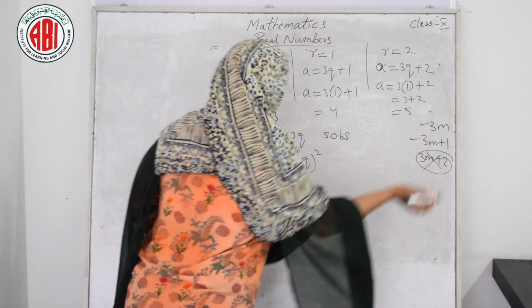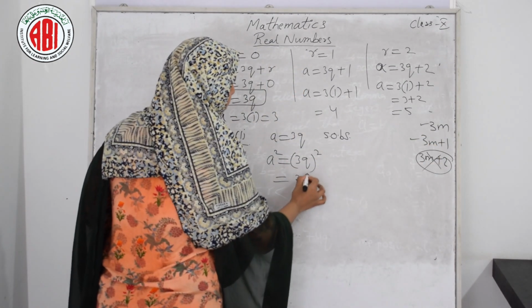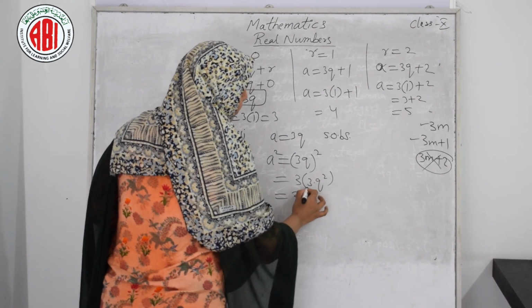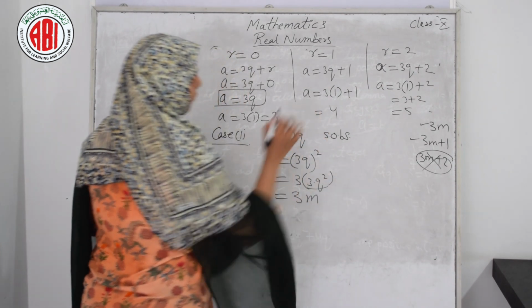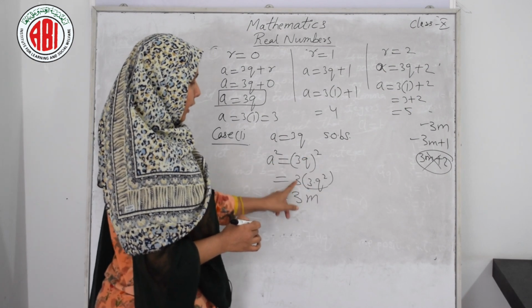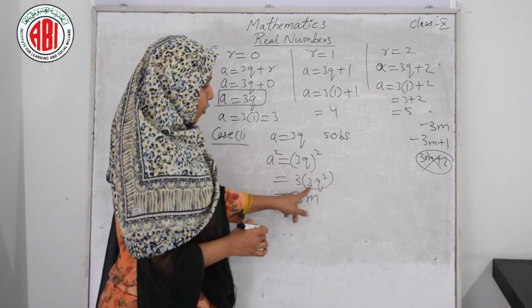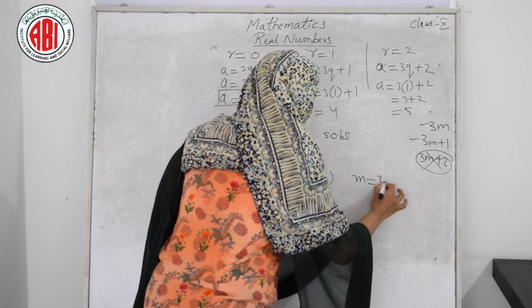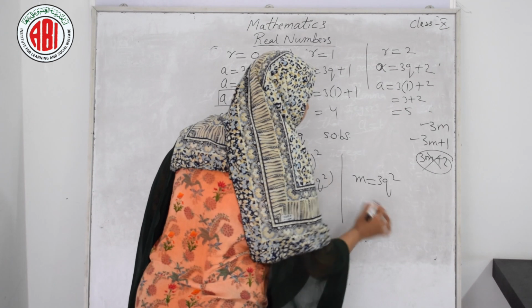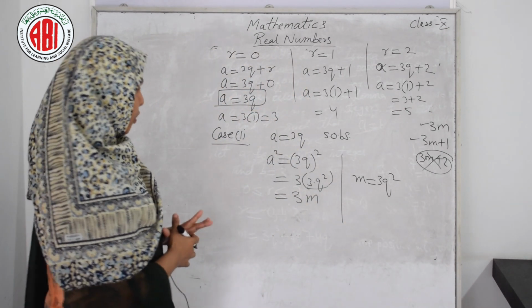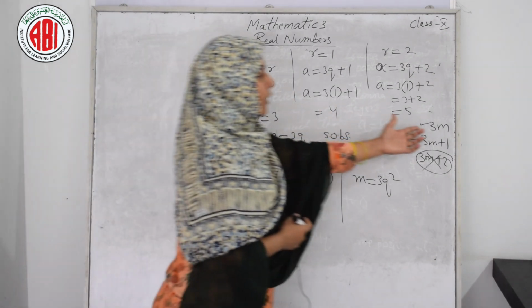So 3 square means 3 into 3, q square as it is. We take 3 common, and 3q square we write as m, where m is equal to 3q square. It is some positive integer. So we got the first one, 3m.